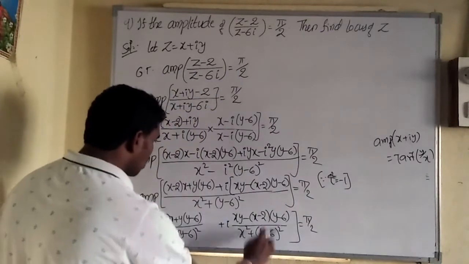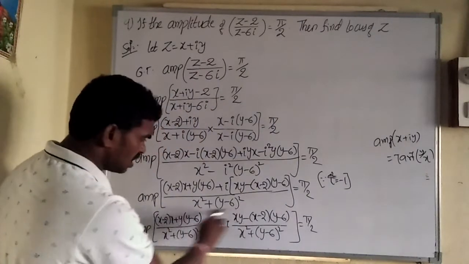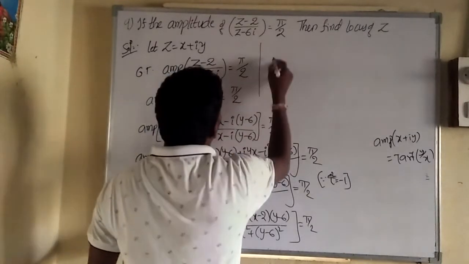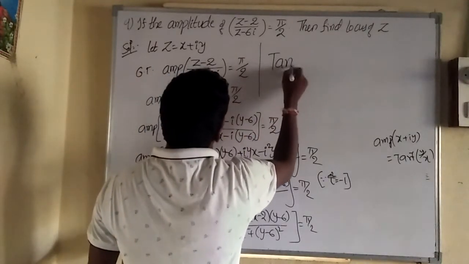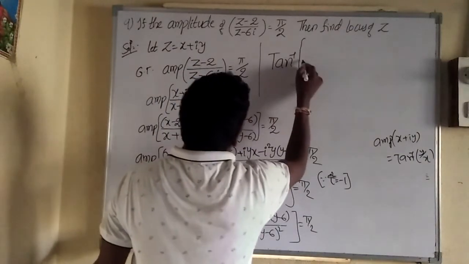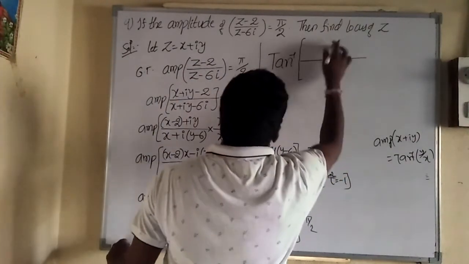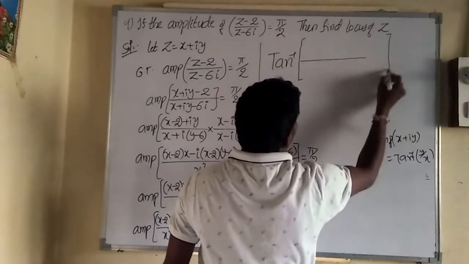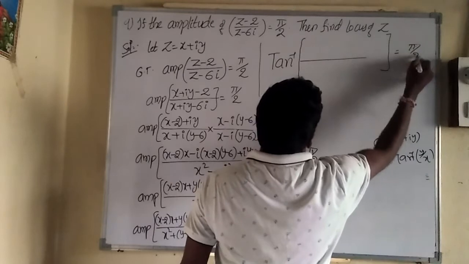So from this step to the next step, amplitude means tan inverse of the imaginary part by the real part is equal to pi by 2.